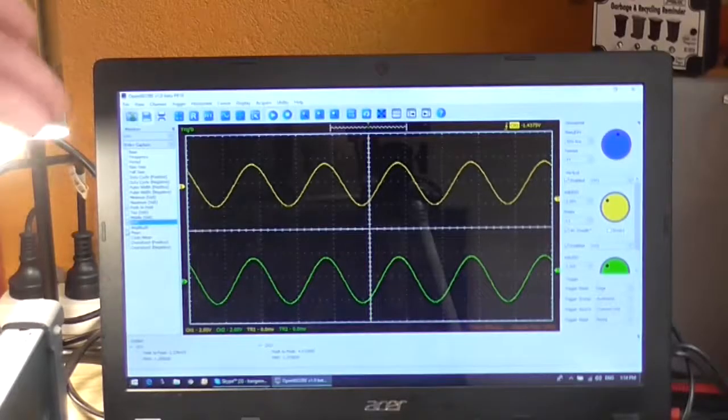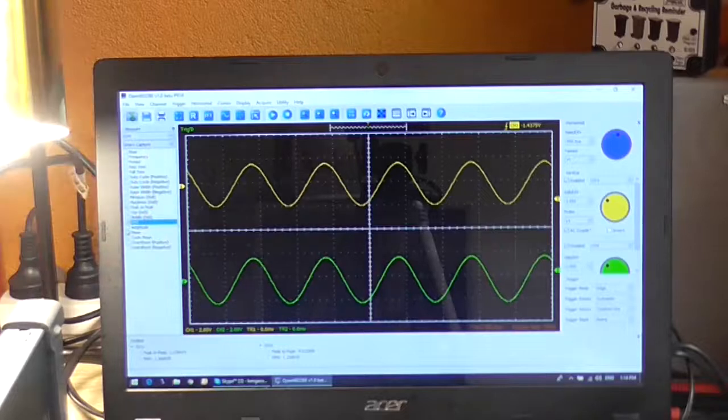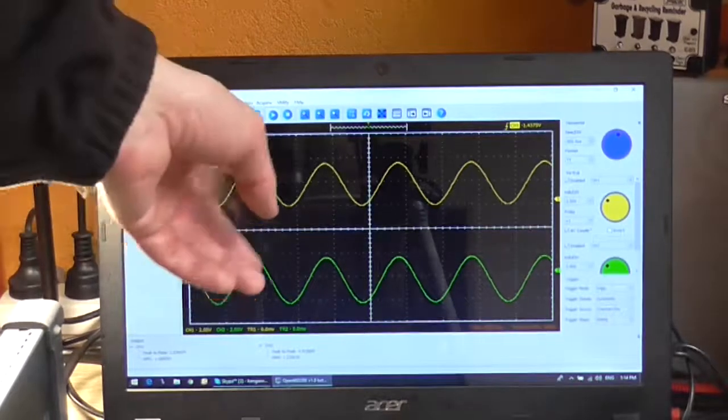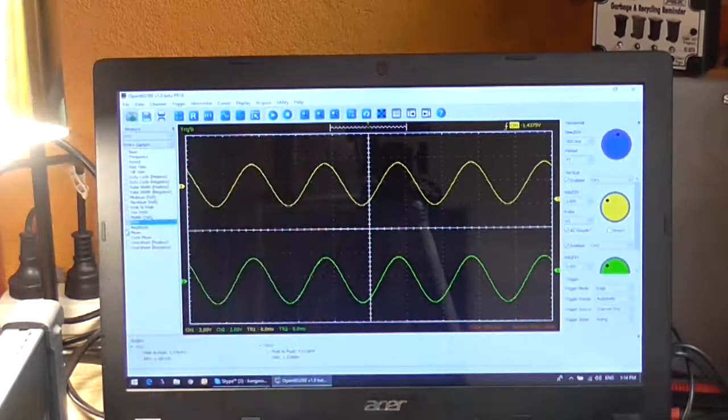So the whole point of the output stage is basically a current converter, not a voltage converter. So the measurements we're seeing here are exactly how it's supposed to operate. What you put in is what you get out, albeit we're about 500 millivolts different.